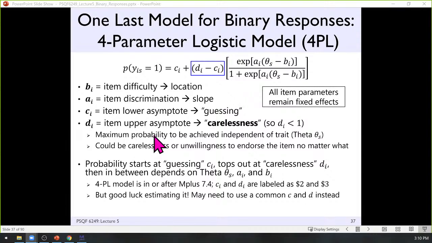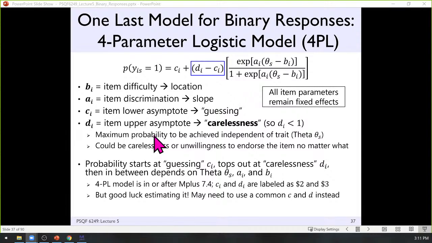So there's all sorts of reasons in practice why the probability of a 1 might not be all the way at the top of the scale. It might be less than 1 for various reasons, and D is designed to capture that upper asymptote that doesn't get all the way to 1. M plus in the most recent iterations can estimate all of these models now. This is a new thing.